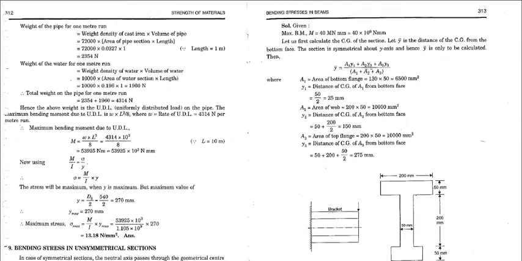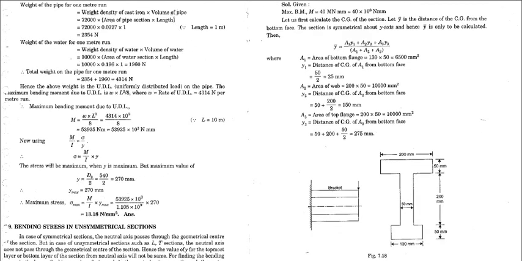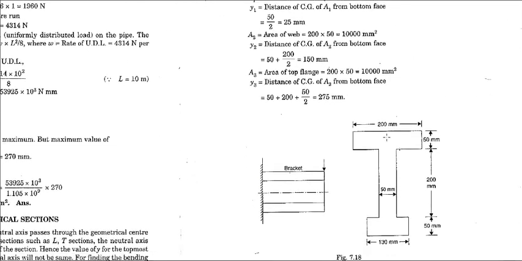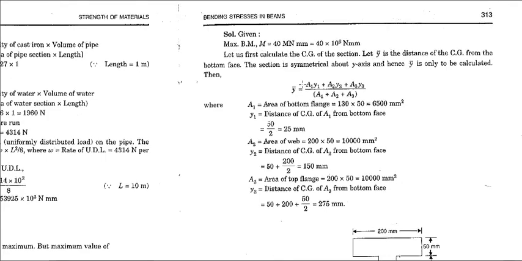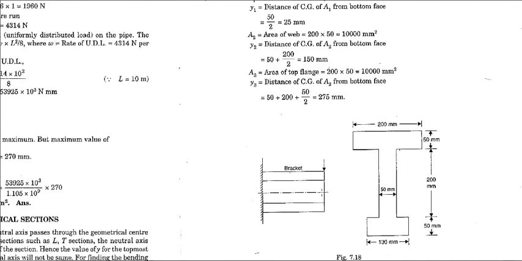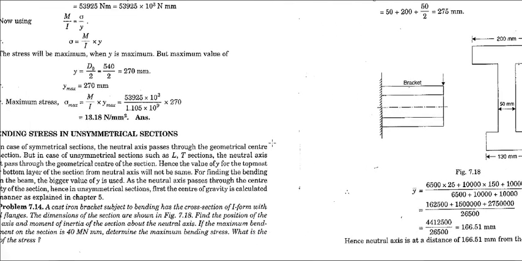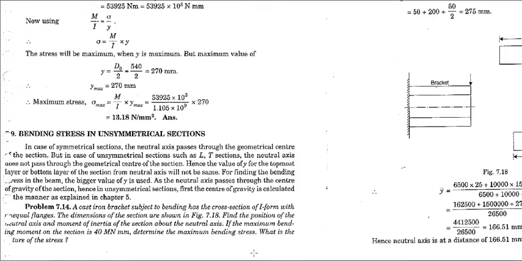So let us see another very commonly used section, which is the unsymmetrical I section. In this case, if the question asks to find the maximum stress, the dimensions will be given in the question.